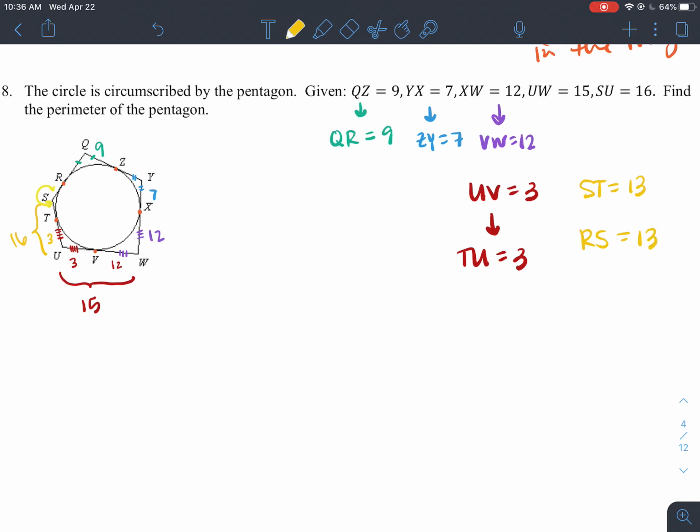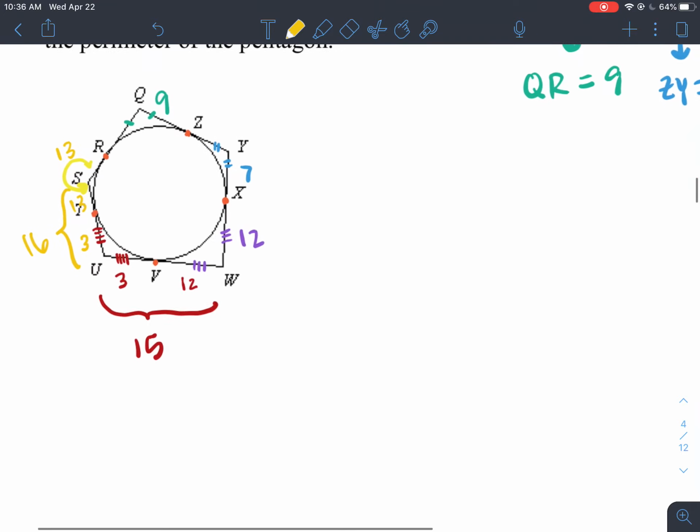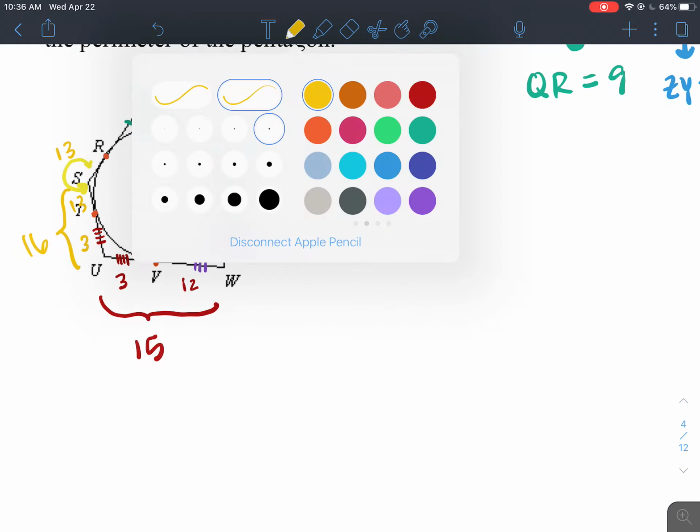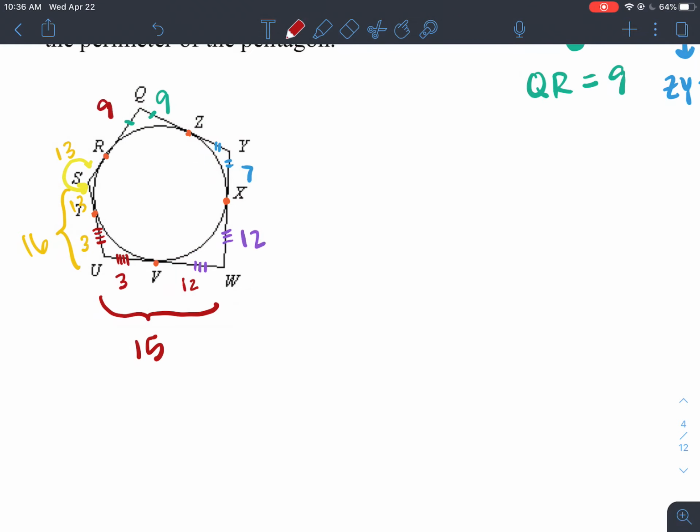So I can find the perimeter of my pentagon because now I know all of these individual segments. So now I can say, all right, well, that means there's my 9 there. Here's a 7 here. 12, 12, 3, 3, 13, 13. I can add them all up now.